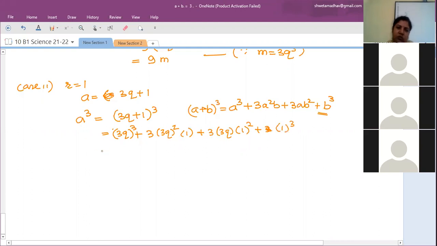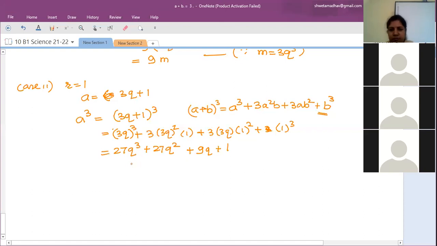So this is equal to 27q cube plus 9 times 3, which is 27q square, plus 9q plus 1 cube, which is 1.